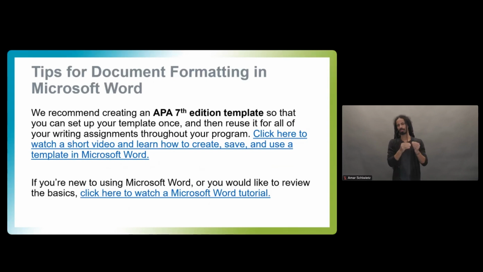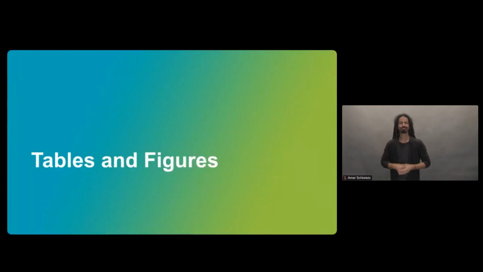Okay, let's keep going. Lots of information, but a little bit more to go. So tables and figures. Now, tables and figures won't appear in every writing assignment, but I find that students often are throwing things into their writing assignments that they don't even necessarily recognize as what we would call a table or a figure.